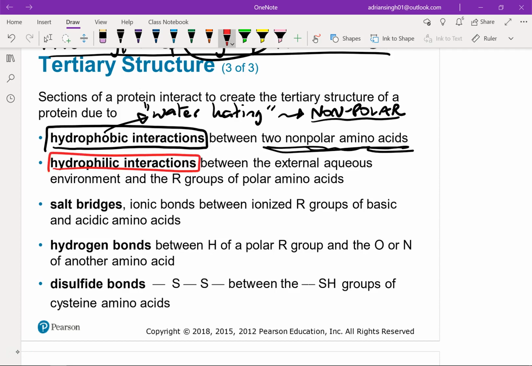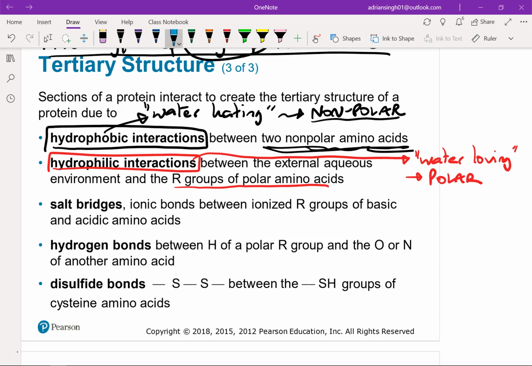Hydrophilic means water-loving, and these would happen between the external aqueous environment, whether it's in the cell or outside of the cell, and the R groups of polar amino acids.